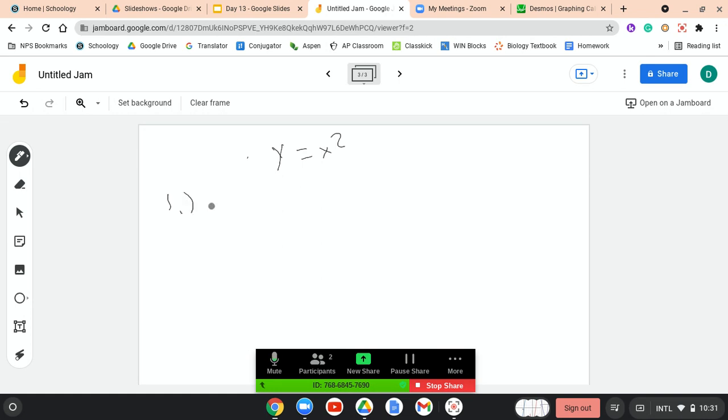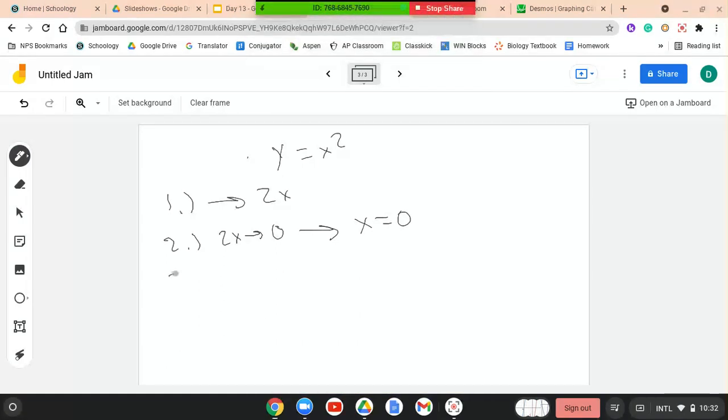Step 1 tells us we have to find its derivative, 2x, done. Step 2 tells us we have to set it equal to 0 and find the x coordinates where the derivative is 0, and that's obviously x equals 0. Step 3, we have to find out when the derivative is undefined. There's no value for x that will make this derivative undefined. So we can ignore step 3.